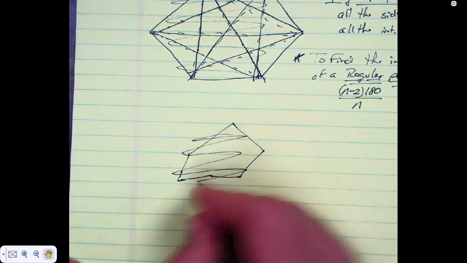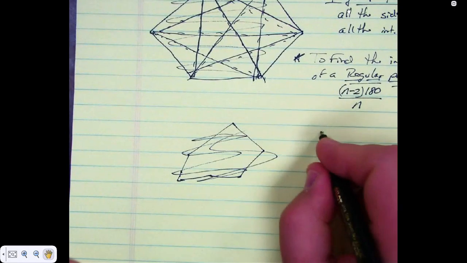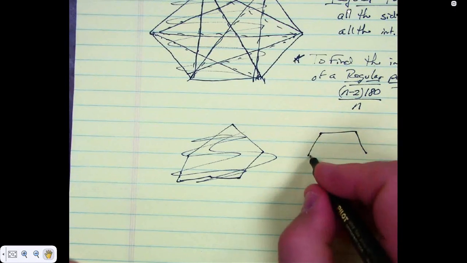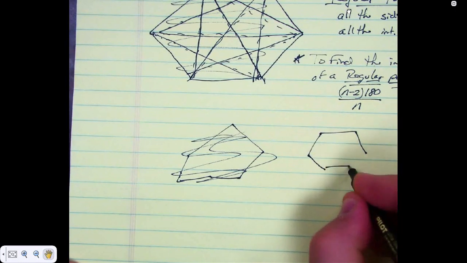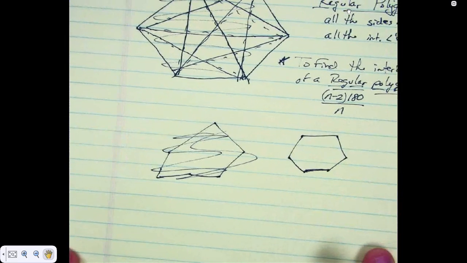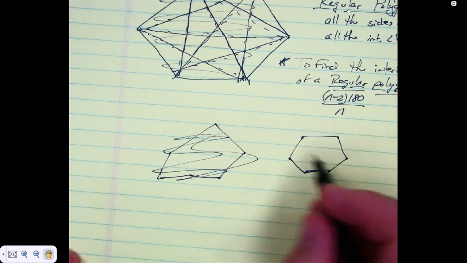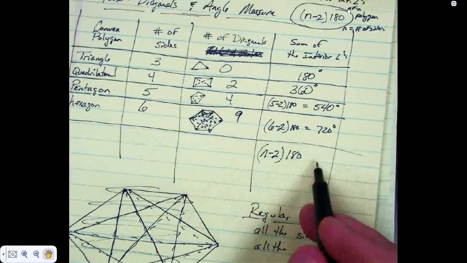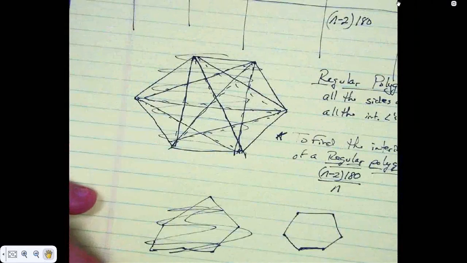Well, it has to be convex. So, okay, I did that one wrong. I think it's pretty obvious that's not regular, is it? So in this one, I couldn't use that, could I? All I know is that all the angles in that hexagon add to 720. Okay? It's not so bad, is it?